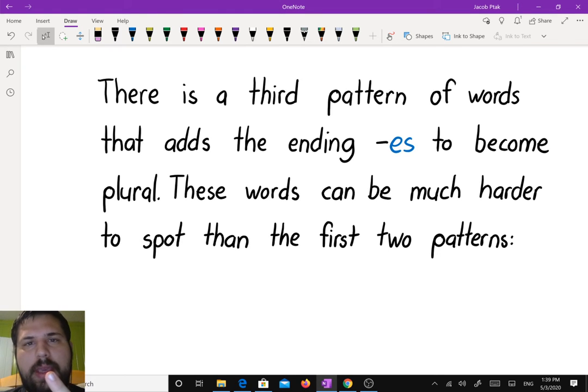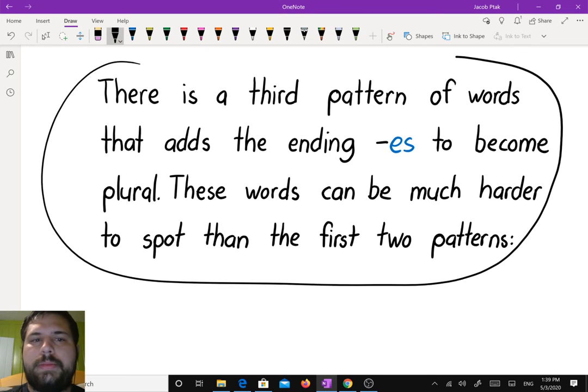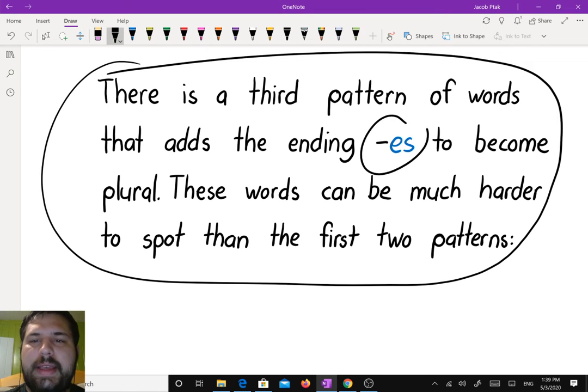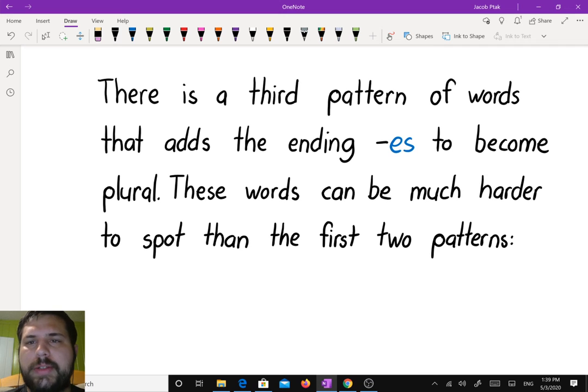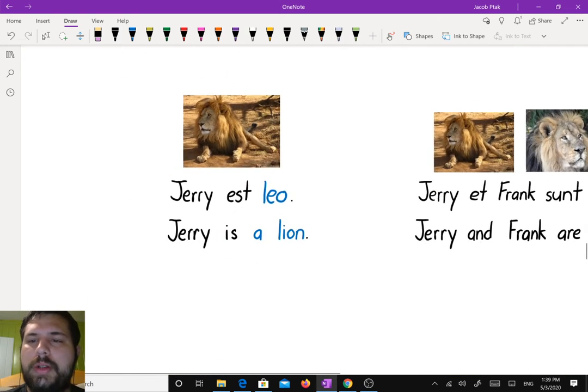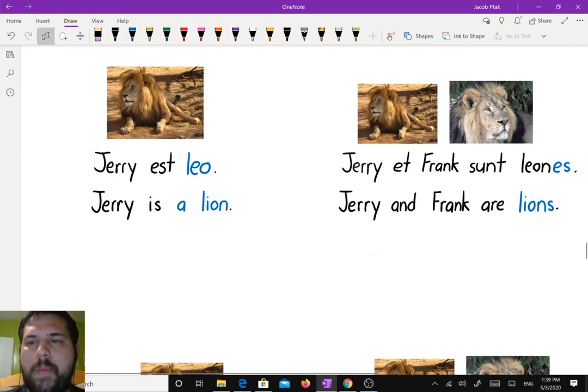Equus, equi. There's a third pattern though. So there is a third pattern of words that adds the ending ES, pronounced as, to become plural. These words can be much harder to spot than the first two patterns. So let's look at a couple of examples.